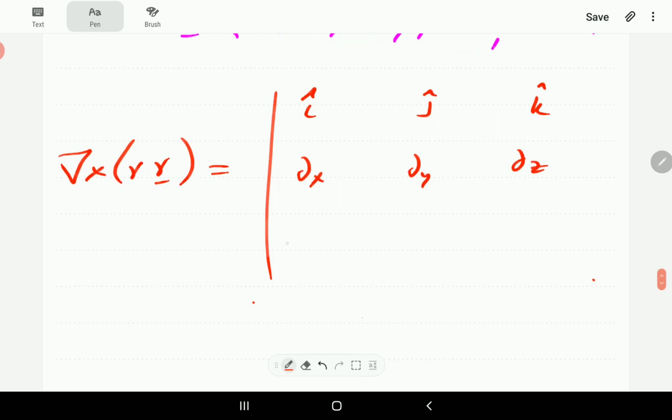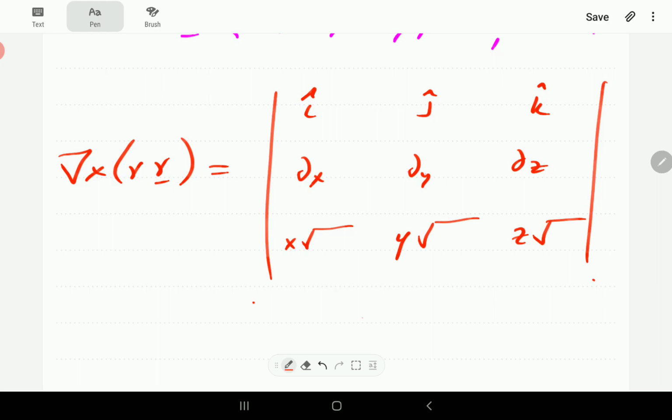Then we have x times the square root of x squared plus y squared plus z squared, y times the square root of x squared plus y squared plus z squared, and z times the same thing.